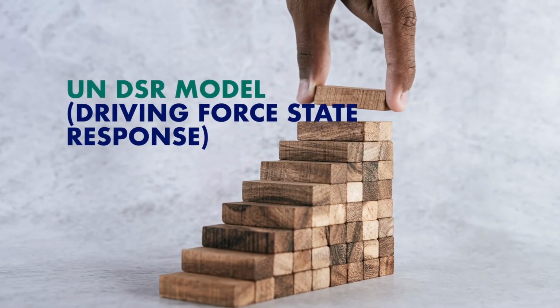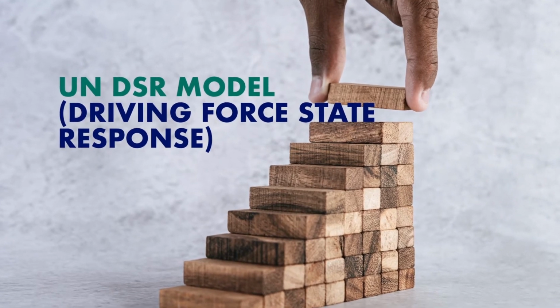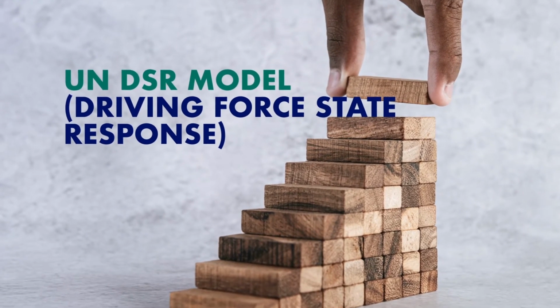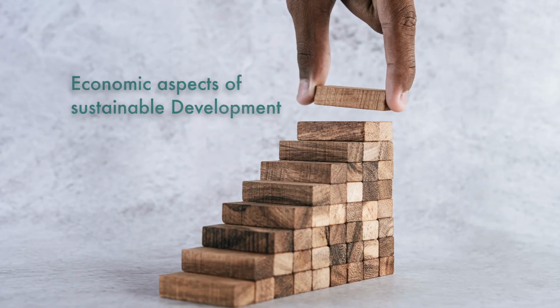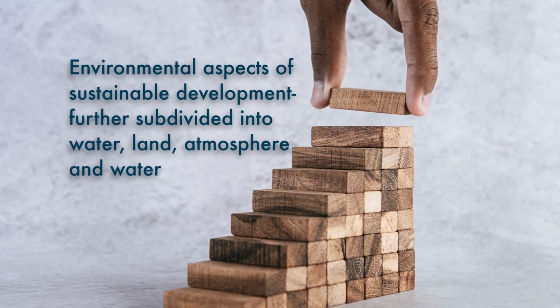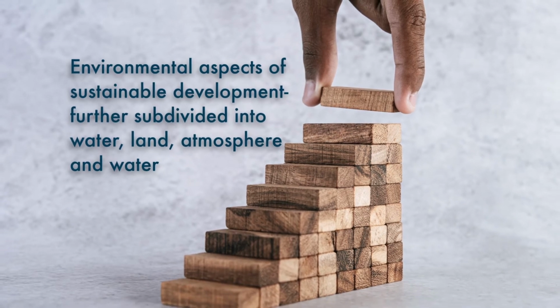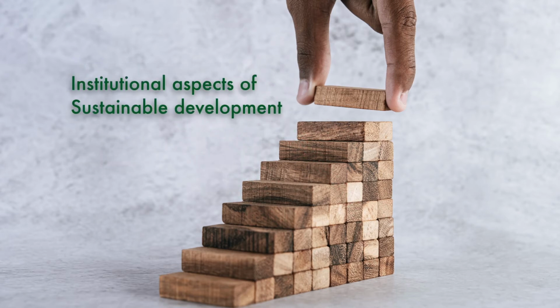Among them, the UN DSR model, Driving Force State Response, is one of the important indices used by sustainability analysts. The basic characteristic of this index is that it talks about the social aspect, the economic aspect, and the environmental aspect of sustainable development, further subdivided into water, land, and atmosphere, then the institutional aspect of sustainable development.